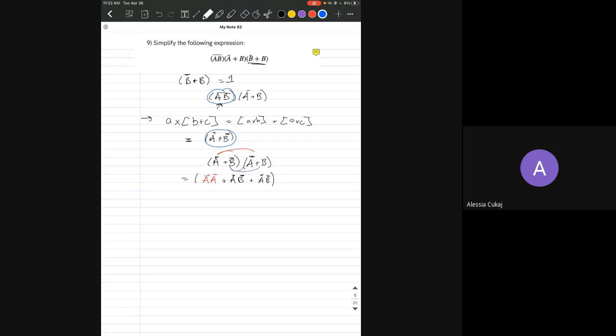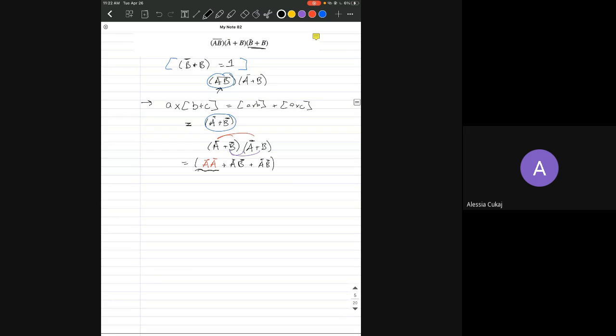Just like the rule we had written before applies right here, we have two a naughts. The identity for two a naughts is a in general. If it's a times a, it's just a, or a naught times a naught is just a naught. If they're both a, or both a naught, you're just getting that value. So now let's replace that.